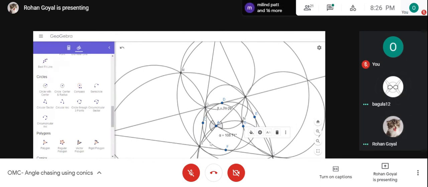Now take the circle JNI and the circle GNH. Define another point from these.